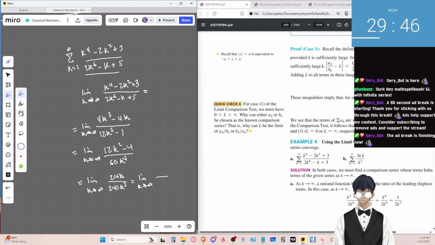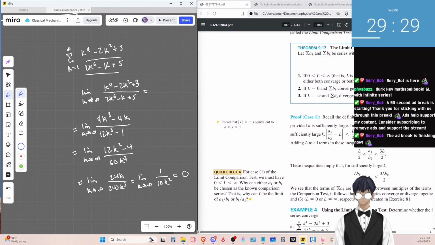So we can just reduce it to 1 for 10, and then we had 2k. So that means it's going to go to 0. So if the limit equals 0 and B converges, then A converges.